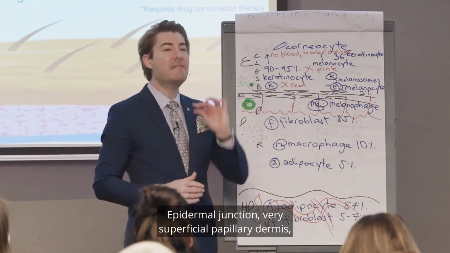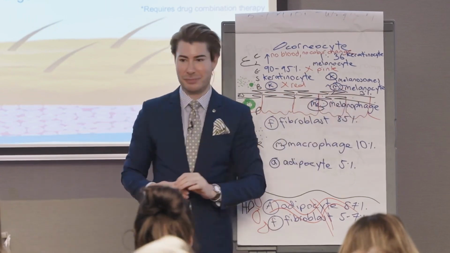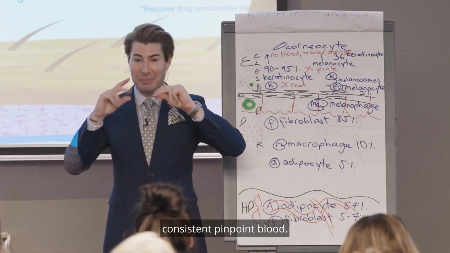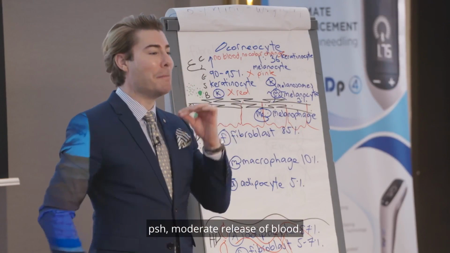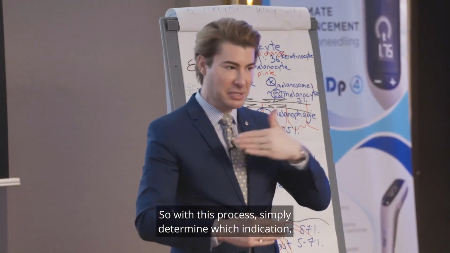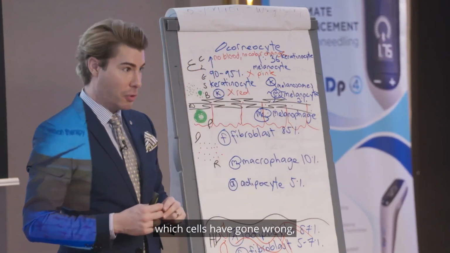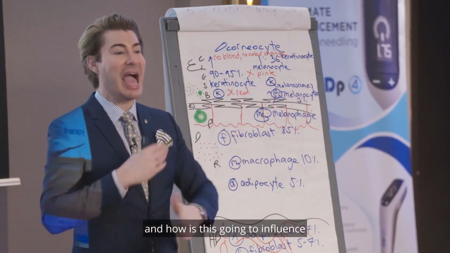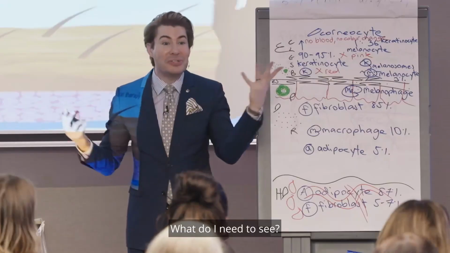Epidermal junction, very superficial papillary dermis, the occasional pinpoint blood. Mid-papillary dermis, moving down to reticular, consistent pinpoint blood, and then moving on down to the hypodermis, moderate release of blood. So with this process, simply determine which indication, which cells have gone wrong, what is their location, and how is this going to influence what my visual endpoint is? What do I need to see?